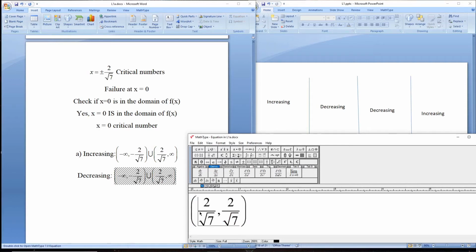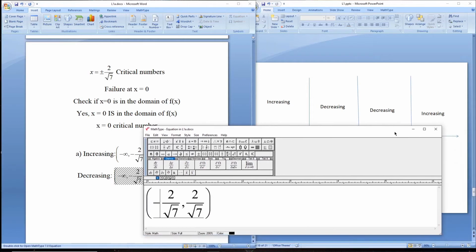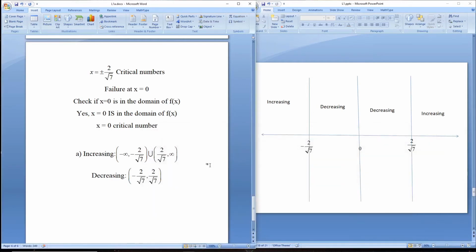In other words, is that the answer for decreasing, from minus 2 over square root of 7 all the way to 2 over square root of 7? After all, this all says decreasing here. And the question is, is 0 included?